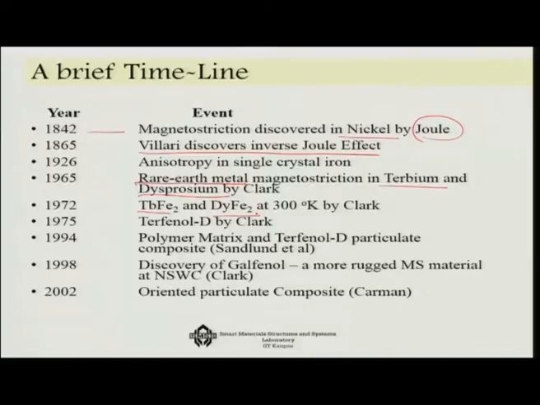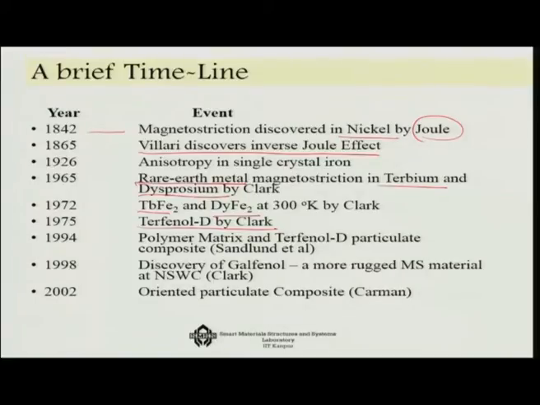And then on this terbium iron compound, if you add a little more dysprosium, you get a much larger magnetostrictive effect, and that is Terfenol-D, which was discovered by Clark. Later on, people found that if you use a polymer matrix and a particulate composite of Terfenol-D, you can make a nice composite out of it, and you can give nice shapes to the system.